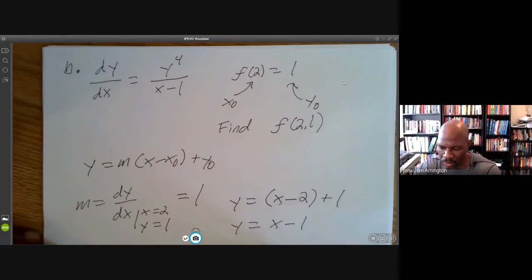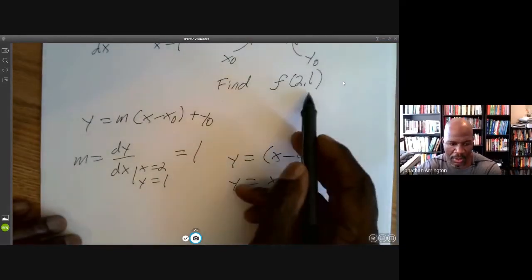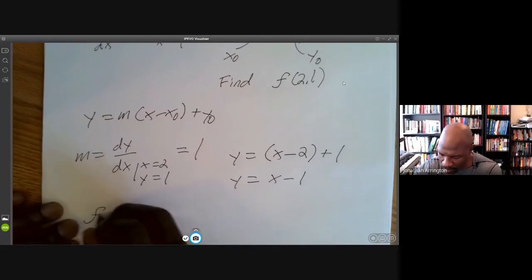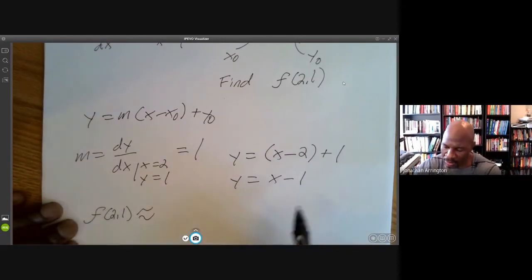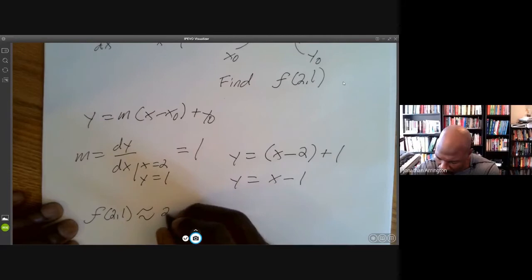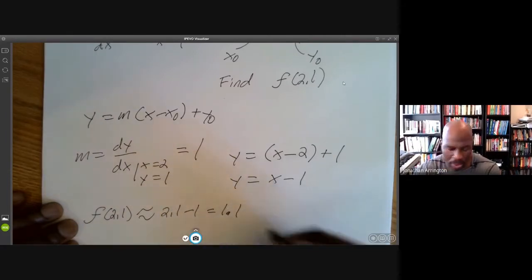And so now we do our tangent line approximation. We're approximating for f of 2.1. And so f of 2.1 is approximately, and I'm just plugging in 2.1 for x here, 2.1 minus 1, or 1.1.